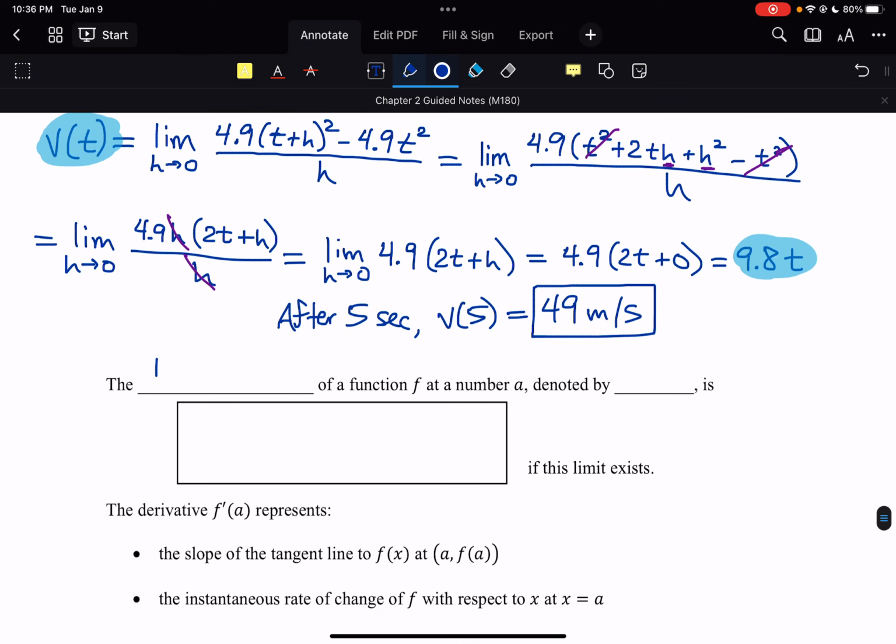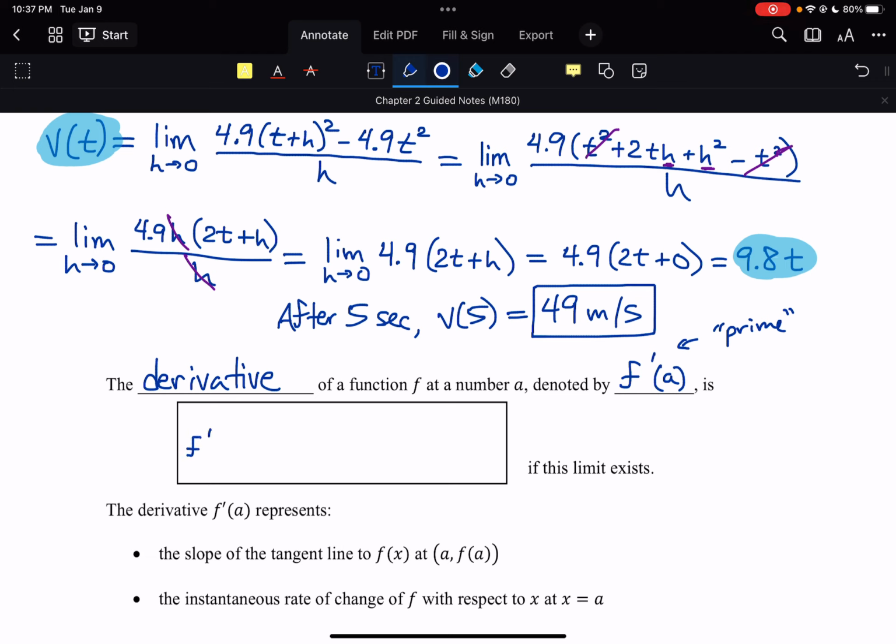This is called the derivative of a function f at a number a. The notation we use for this looks like an apostrophe, but it's read as f prime of a.